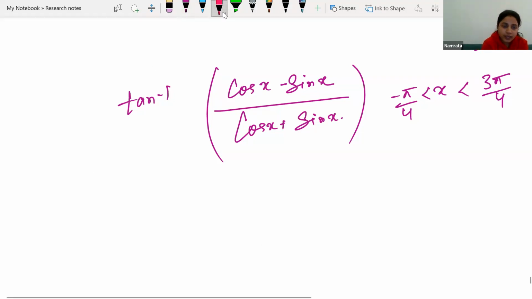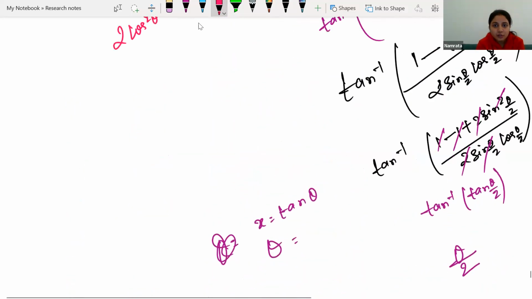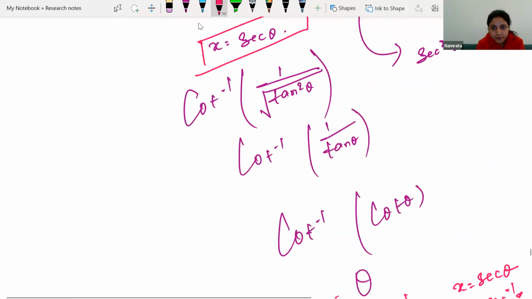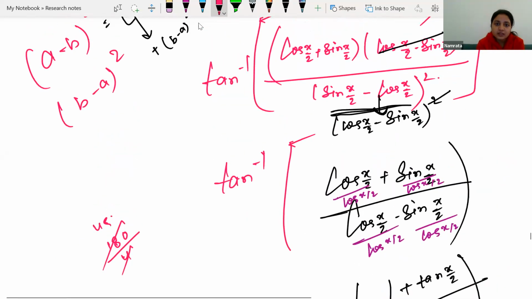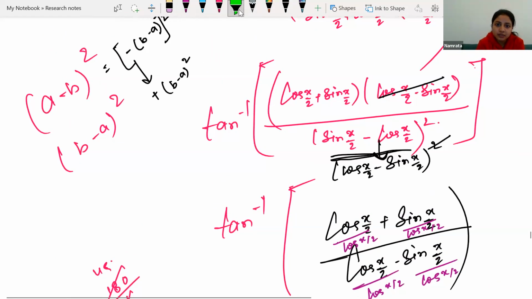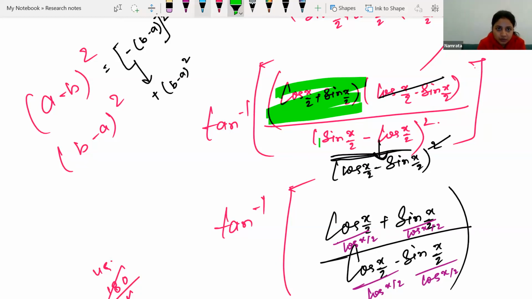Now what can be done over here? Tell me. This is something we have just now solved. If you get back to the previous question, can you see here we have got tan inverse of this, just one of the terms.